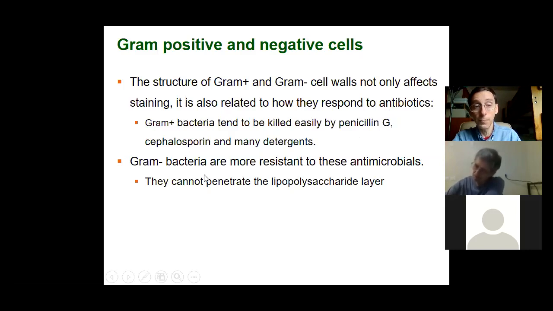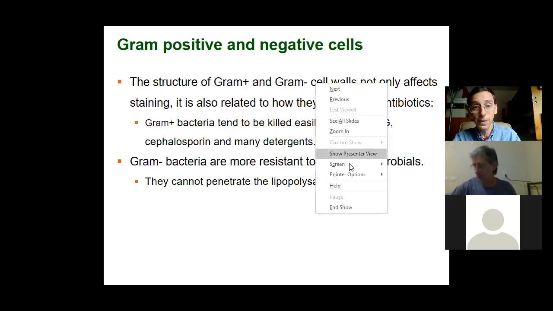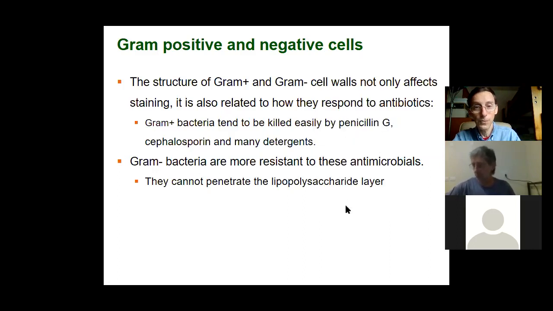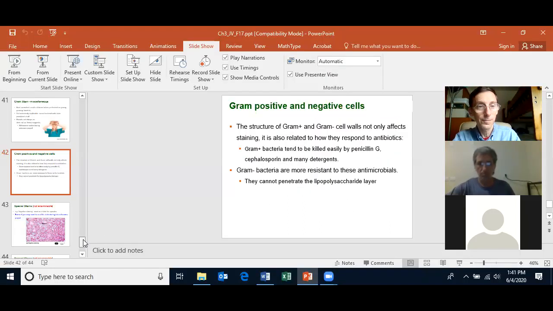Whereas the outer membrane of the gram-negative bacteria makes them more resistant to some of the treatments, like some of the antibiotics. Penicillin G cannot get through the outer membrane of the cell wall. Let me end the show and show you what I'm talking about.